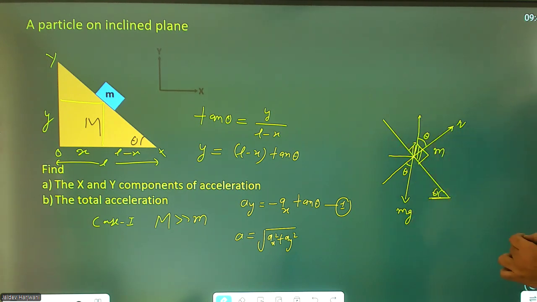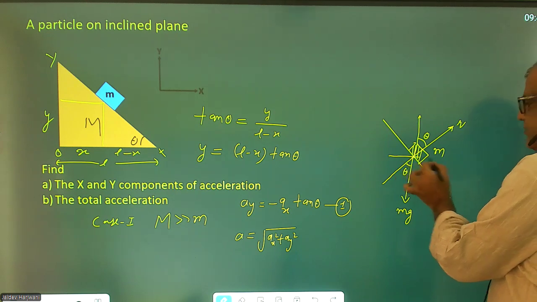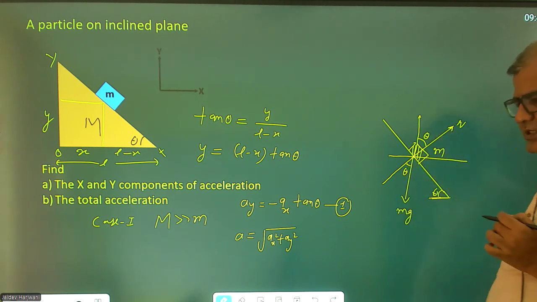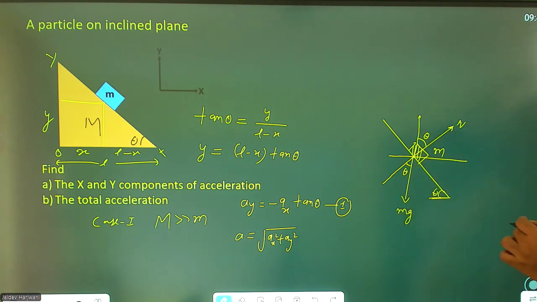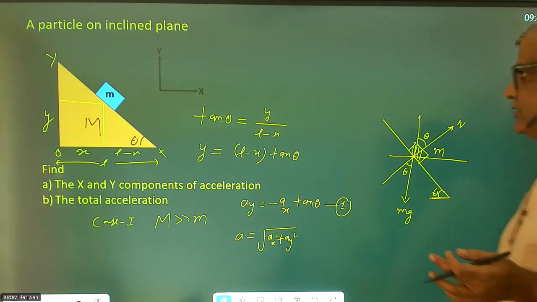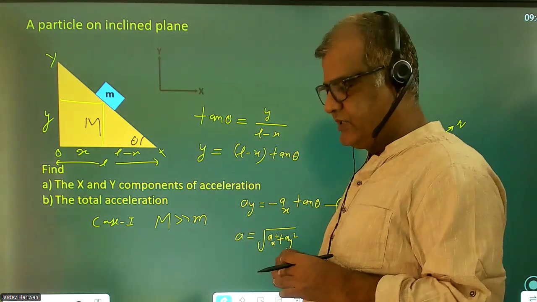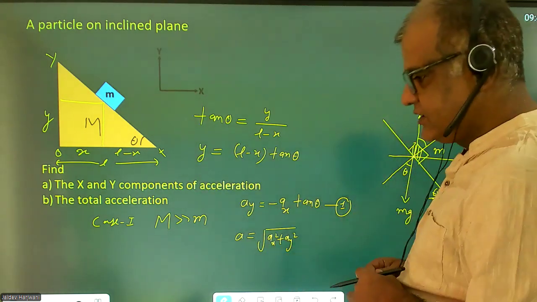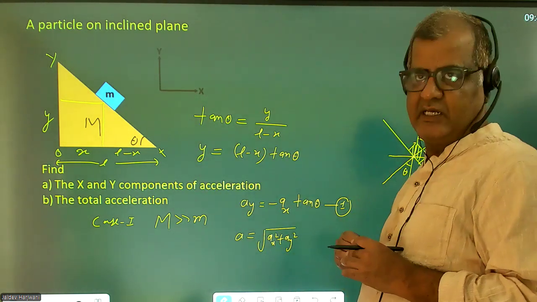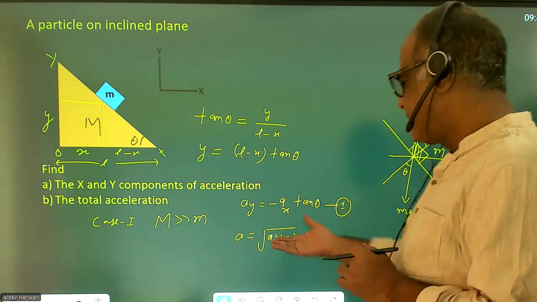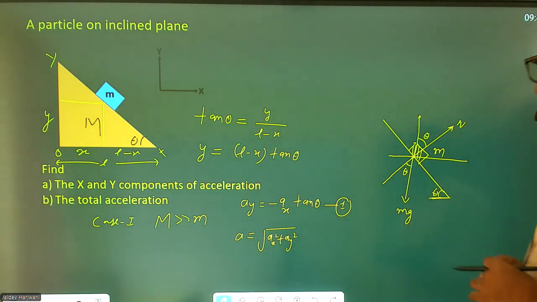So now we have two forces, and let us find the components of these two forces in the xy direction, because I want to discuss the motion of the particle. For that I am first discussing the x direction and then the y direction, and then combining them we calculate the acceleration.